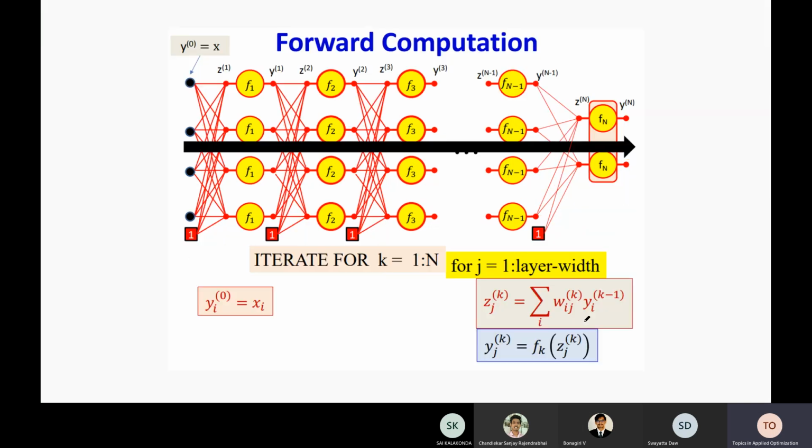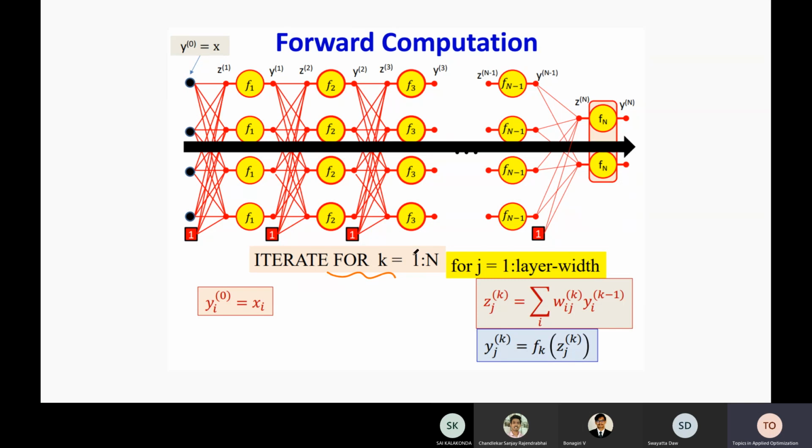So overall, we can make it into an algorithm, and we know that the same thing happens recursively as we go from layer to layer. We can apply a for loop where k goes from 1 to n, and n is the number of layers.